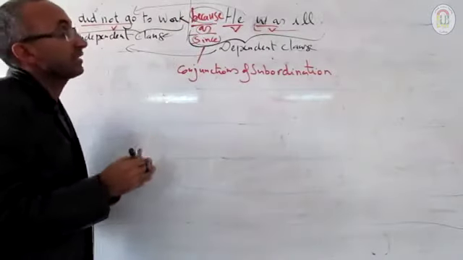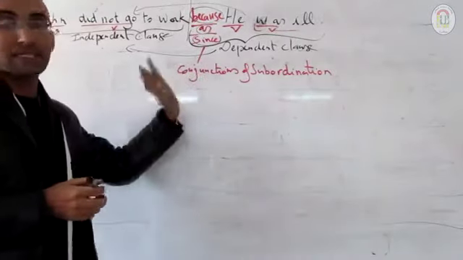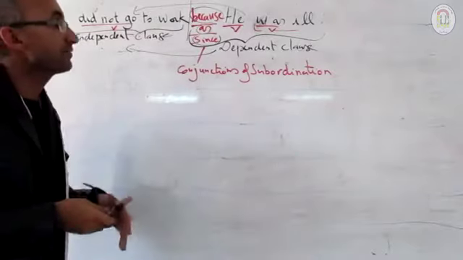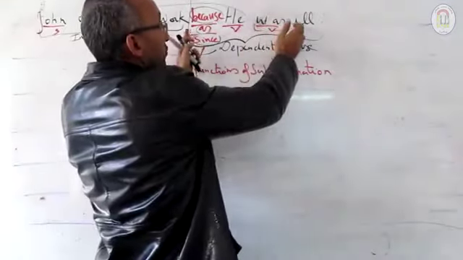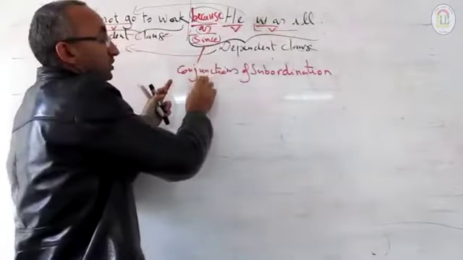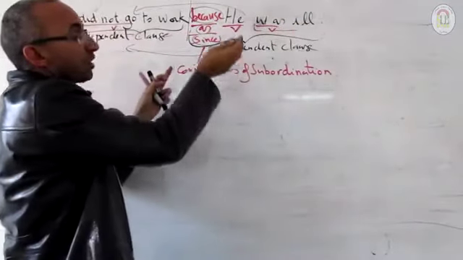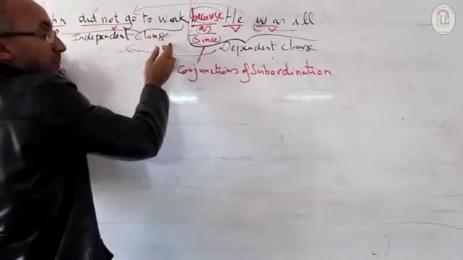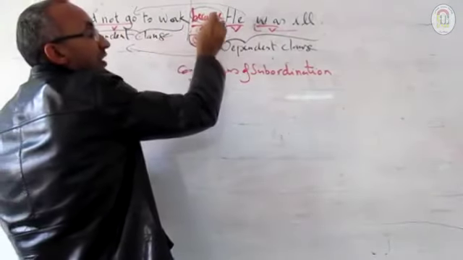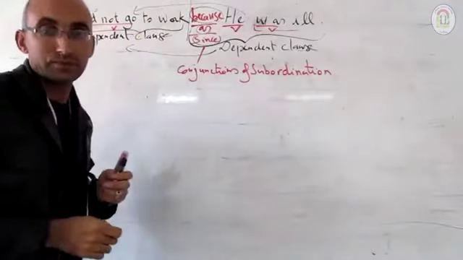Alright, so in this new type of sentences and new structure, we have a dependent clause which starts with a conjunction of subordination and which is also joined to another one which is independent by means of this conjunction of subordination.